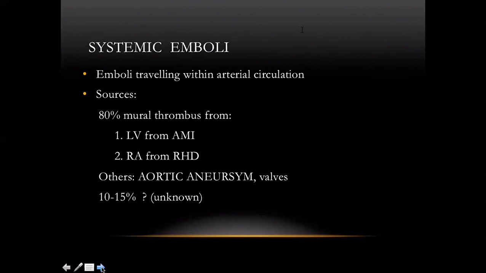Whereas systemic emboli, these are emboli traveling within arterial circulation. So 80% from mural thrombus from the left ventricle from acute myocardial infarction or from right atrium from rheumatic heart disease. Others from aortic aneurysm and 10% unknown.